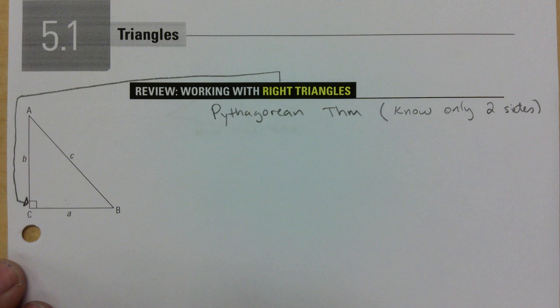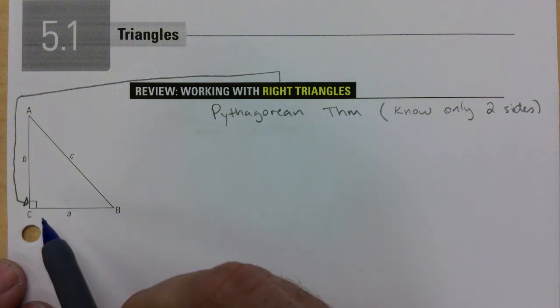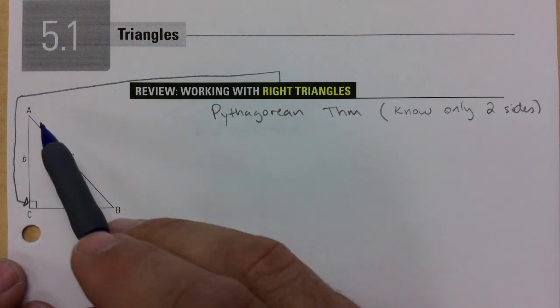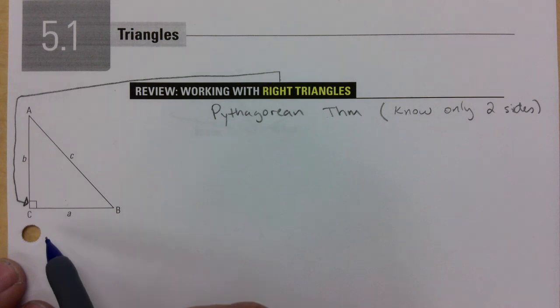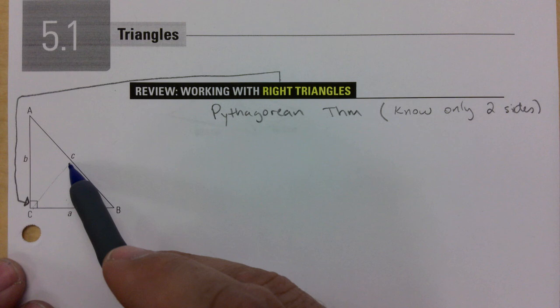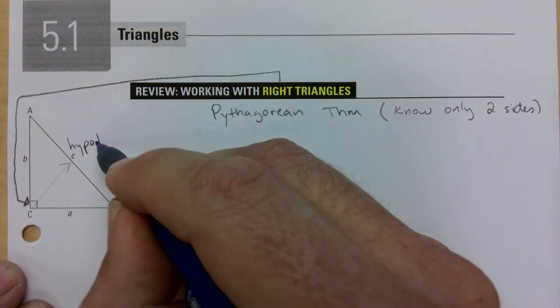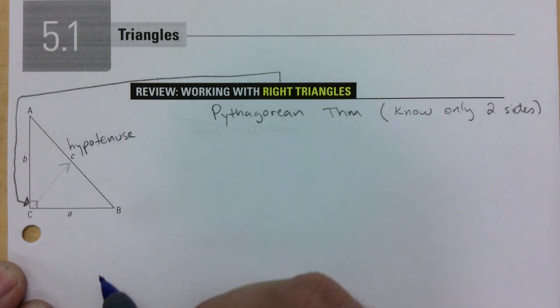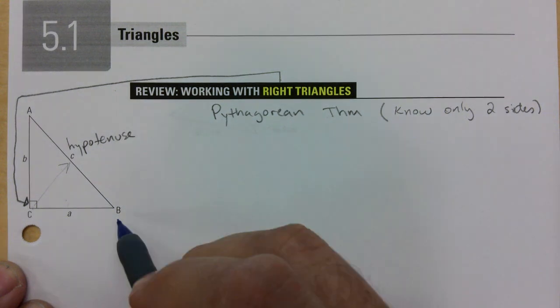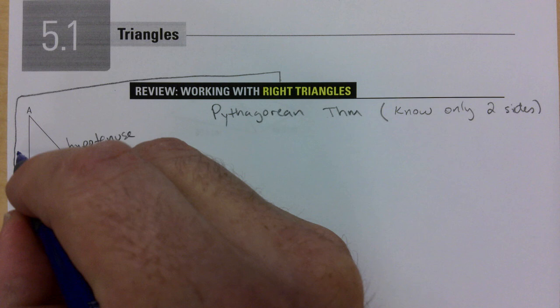If we go back to this triangle, there's one side in particular that we're very interested in, and it's always across the 90. If you go across the 90, we call it the hypotenuse. And I know I reviewed this the first week back, right? So this is the hypotenuse. The other sides are referred to as legs, right?